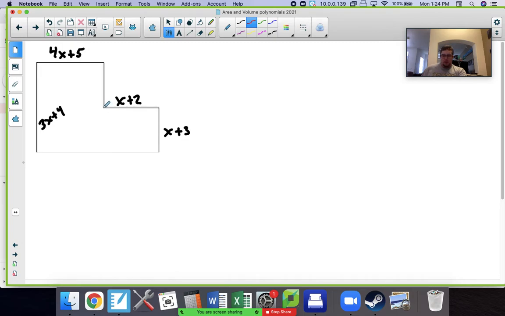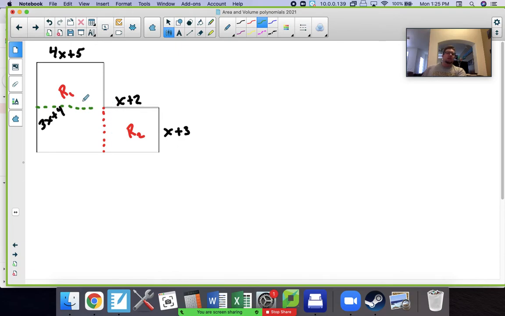So my options are to cut it into two rectangles, rectangle 1 and rectangle 2. I could cut it along this green line, and then I have rectangle 1 up here, rectangle 2 is this longer one down here.